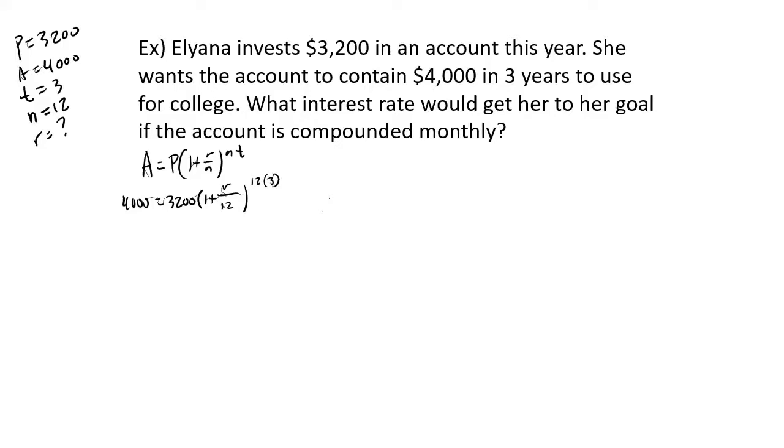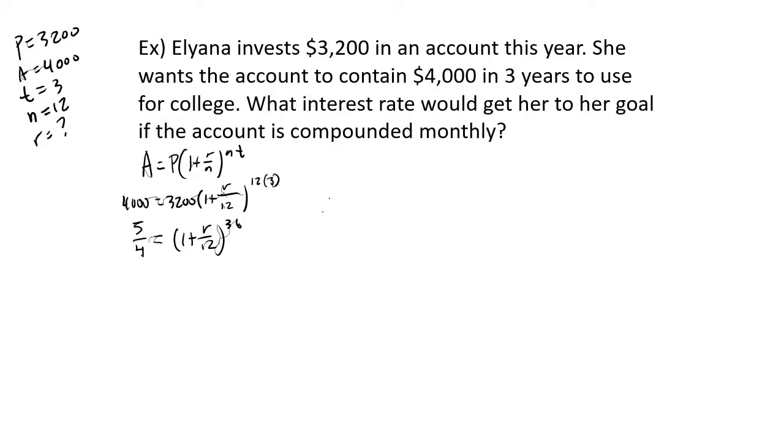So if we divide 4,000 by 3,200, that's 5/4 equals (1 plus r divided by 12) to the 36 power. And so at this point before, what we would have done was take the 36th root of both sides, or raise both sides to the 1/36 power, same thing, and we'd be able to solve for r that way.